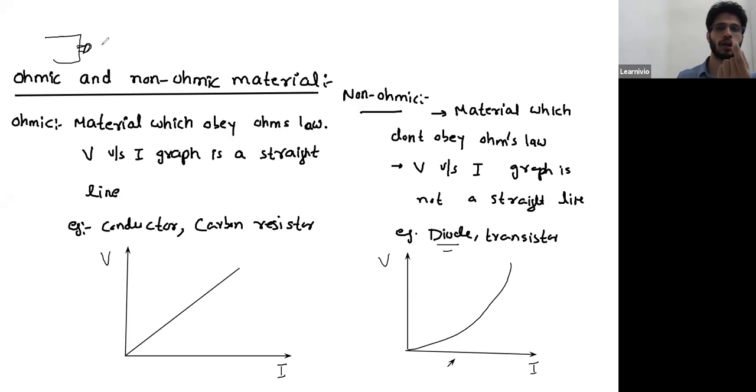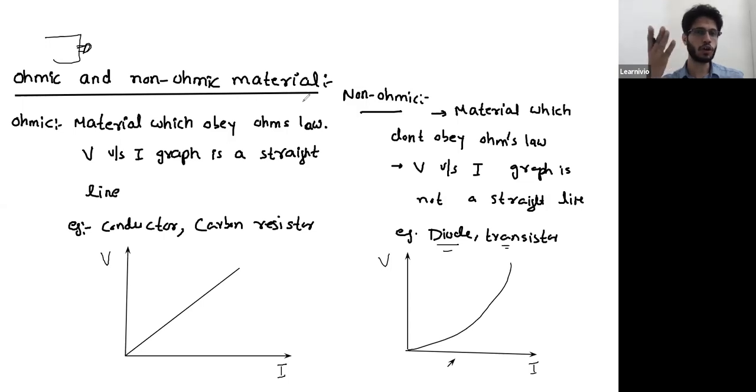Even the AC remote has a bulb at the front end. That bulb is basically a diode. Transistor, you may not have seen, but diodes you have seen. Your LED lights are basically diodes. The bulb at the front end of your AC is basically a diode.